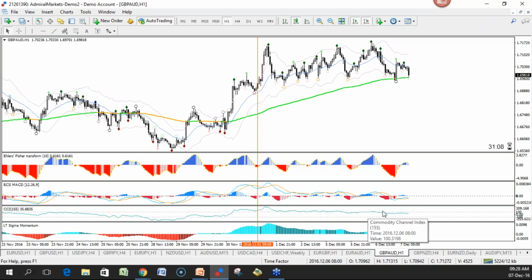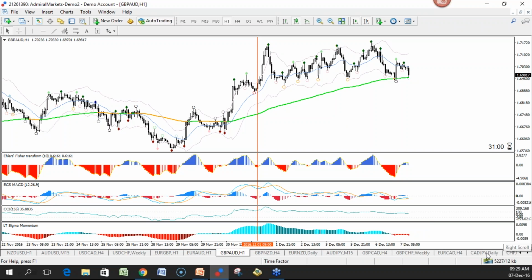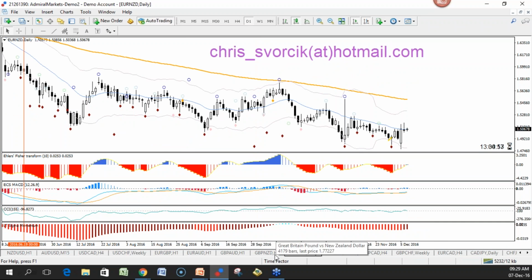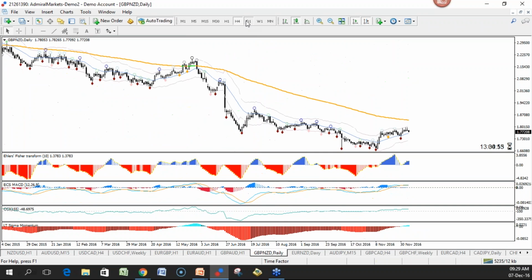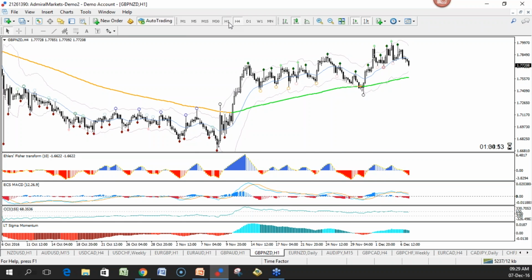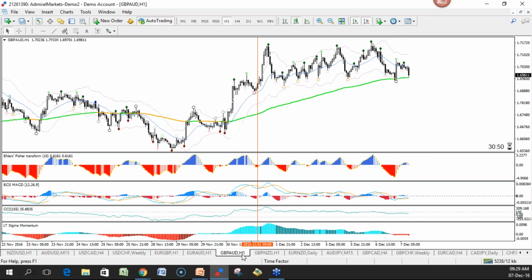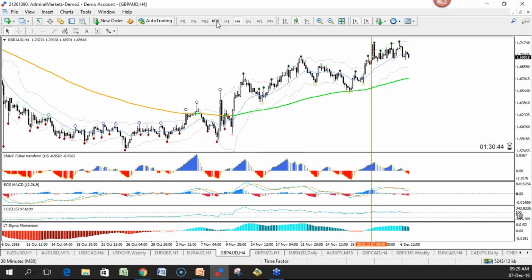So yeah, we'll have to see when these consolidations break. I'm not sure at this moment. Which one do you prefer? Do you have a preference at this point? Maybe the pound weakness seems to be visible against New Zealand and Aussie as well. Kind of turning around.